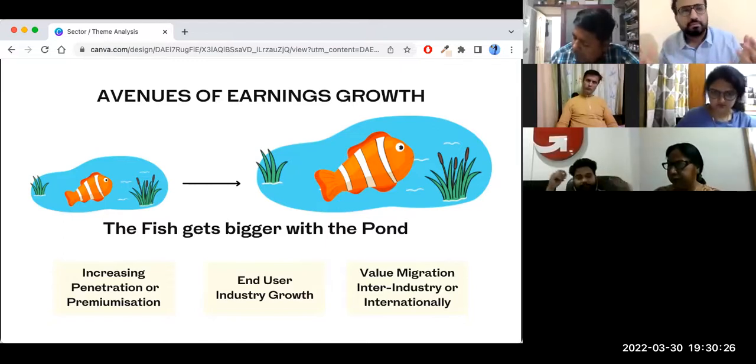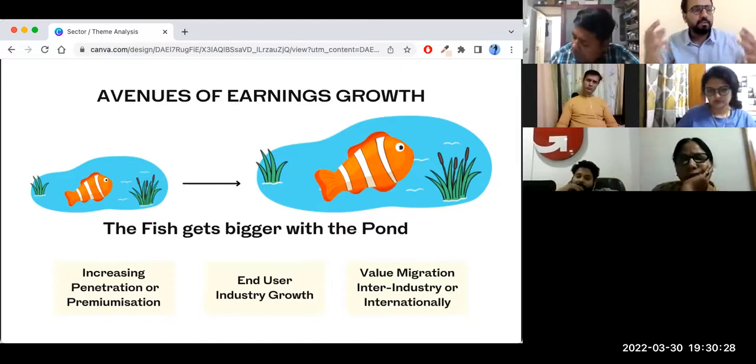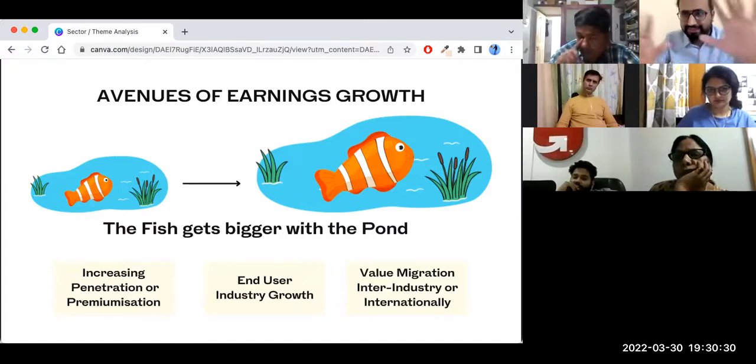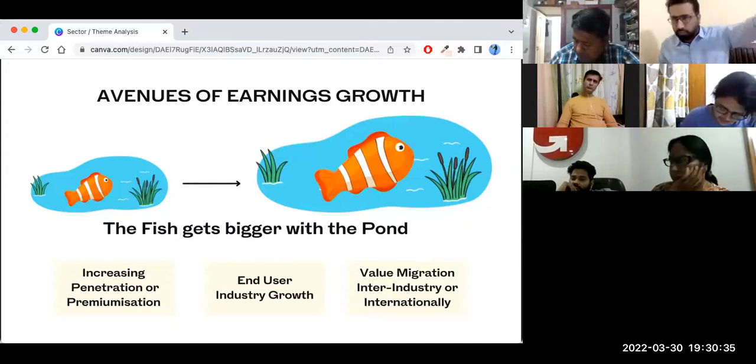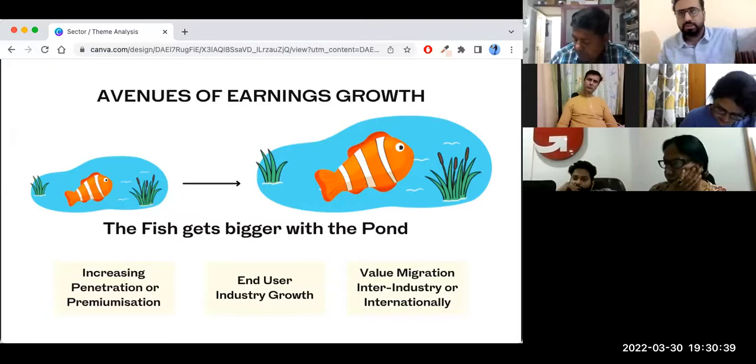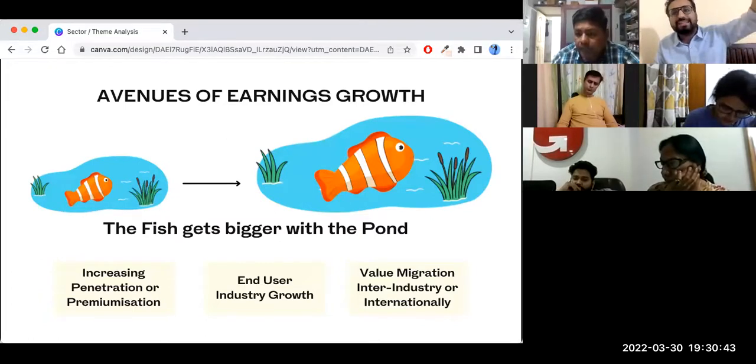Let's say I make tires and I sell those tires to Tata Motors. So Tata Motors is a business and I do B2B, business to business. Now, the car industry, the four-wheeler sector, becomes my end user industry.